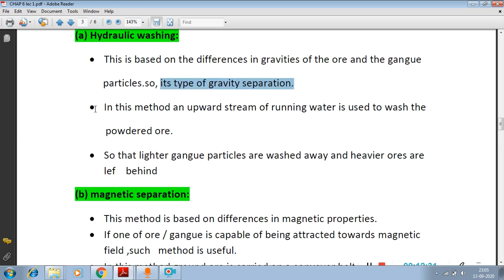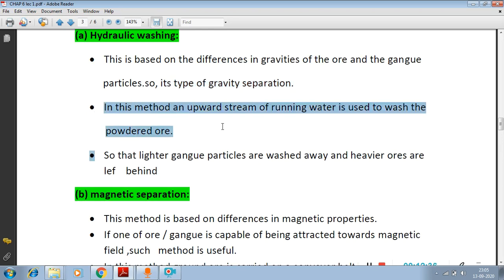Now what do we do in this method? In this method, an upward stream of running water is used to wash powdered ore. Okay, so when our ore is in powder form, we are washing the ore by the stream of water, and this water will come with force from the upward direction.